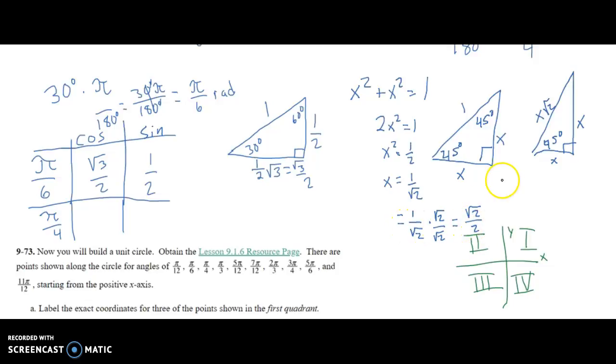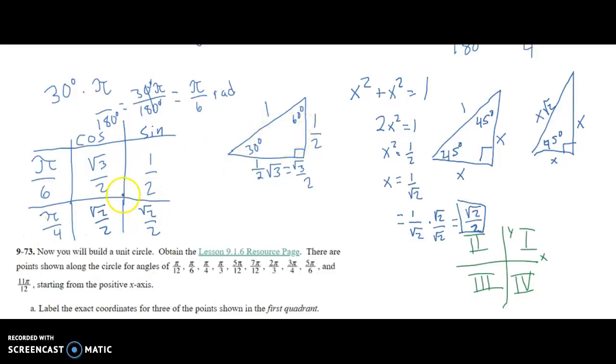Those are the same thing, and this square root of 2 over 2 is a more appropriate way to write it, a way you'll see it more. And so that's your x and y value. So I will just come over here and write square root of 2 over 2 and square root of 2 over 2. Remember, cosine of theta is my x's, sine of theta is my y's.